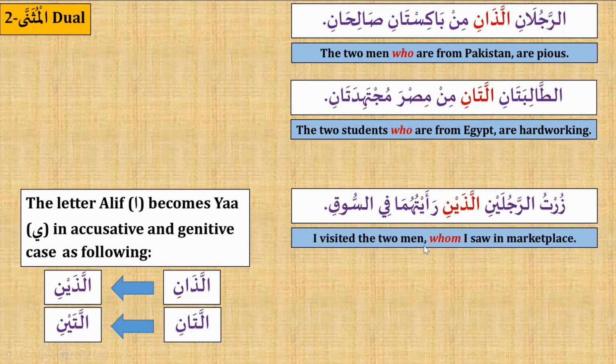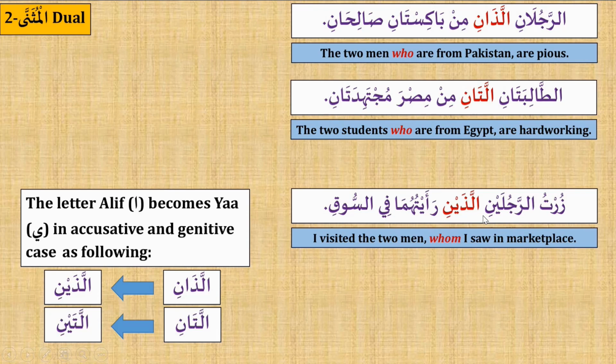I visited the two men whom I saw in the marketplace. زرت, I visited. الرجلين, the two men. اللذين, whom. رأيتهما, I saw. في السوق, in the marketplace.